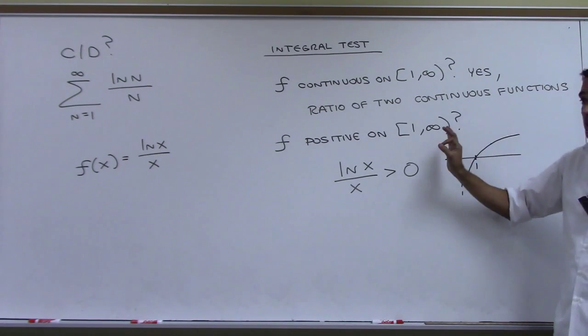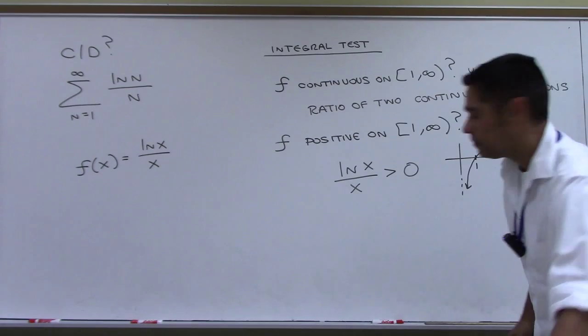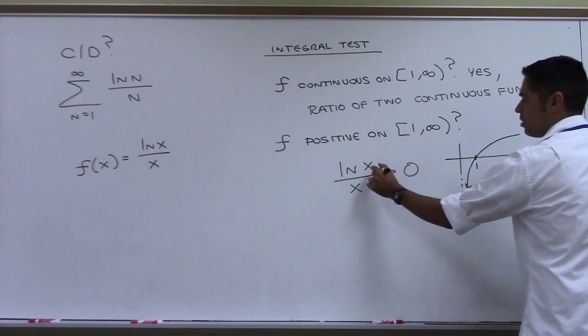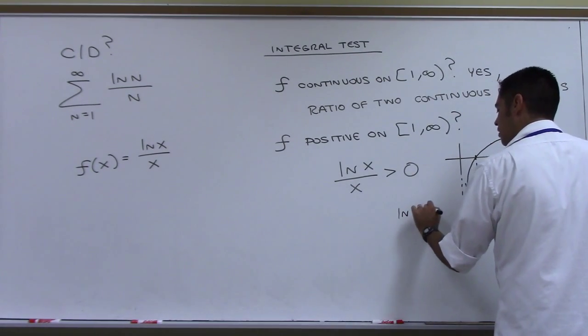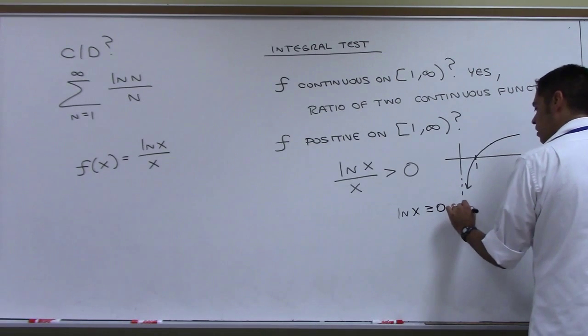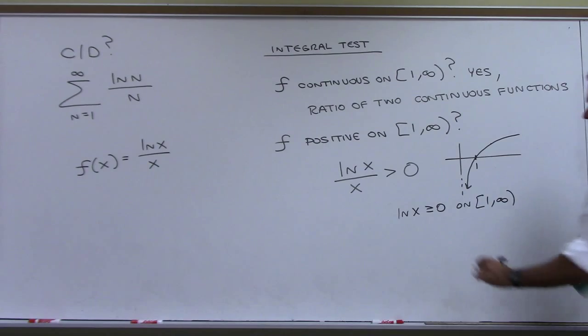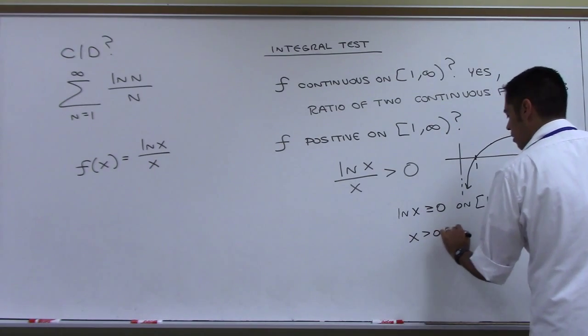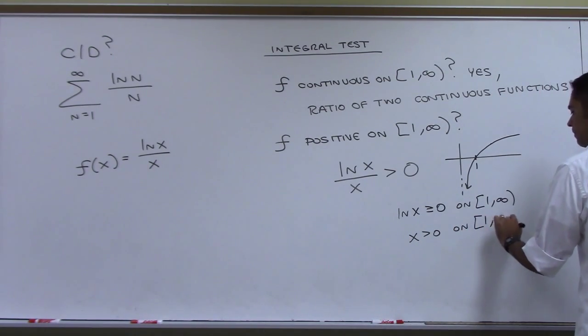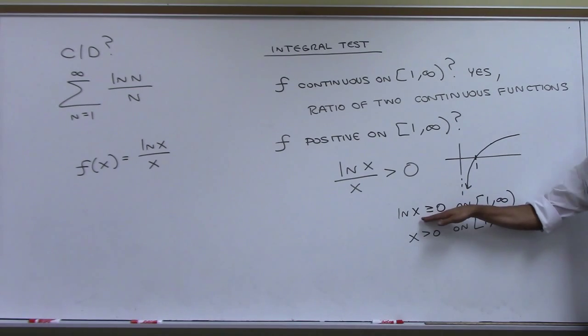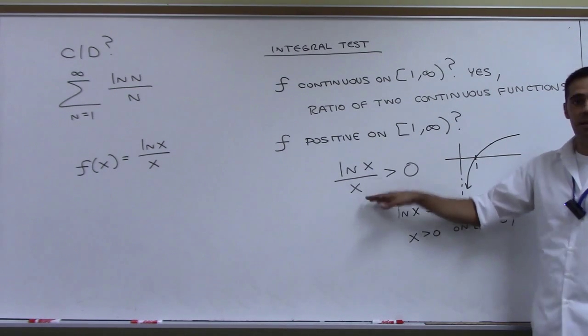So we are still okay with this, all right? So this is checked because natural log of x is greater than or equal to 0 on 1 infinity. That's that. And of course, x is greater than 0 on 1 infinity.